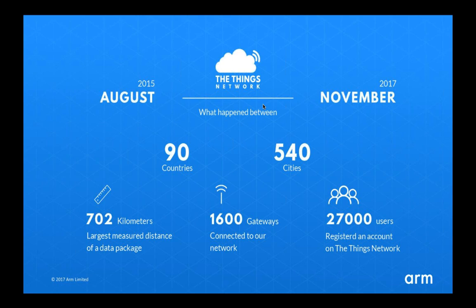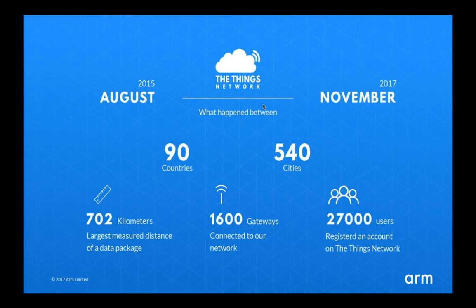Like Jan introduced, we reached more than 700 kilometers of range in free space. We have more than 1,600 gateways connected, which makes it the biggest global LoRaWAN network. And finally, we have more than 27,000 users. And this is really the size of the community.